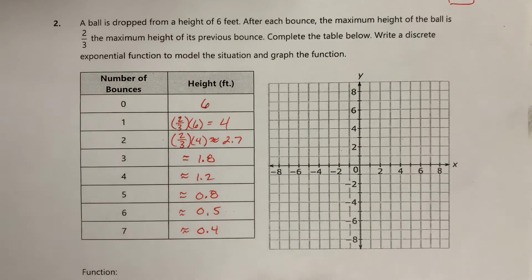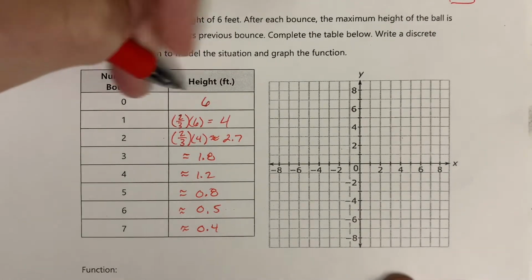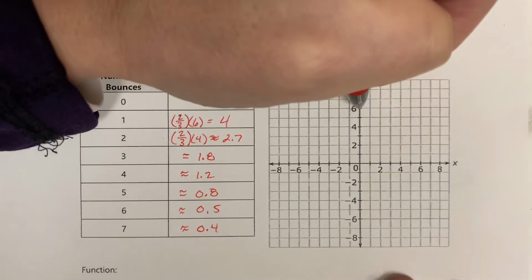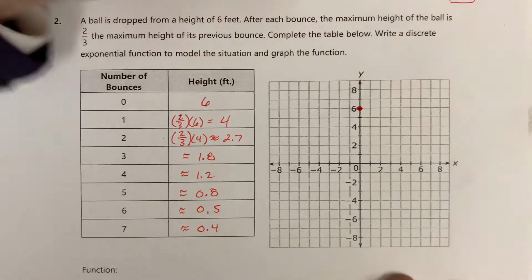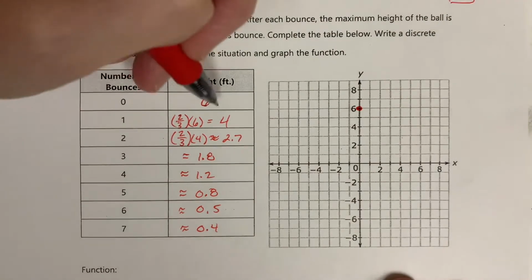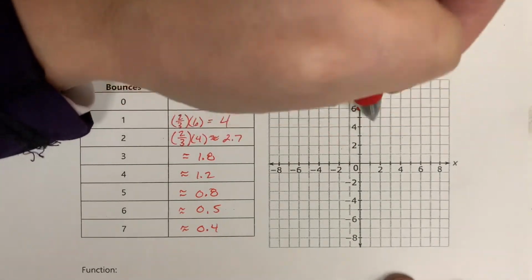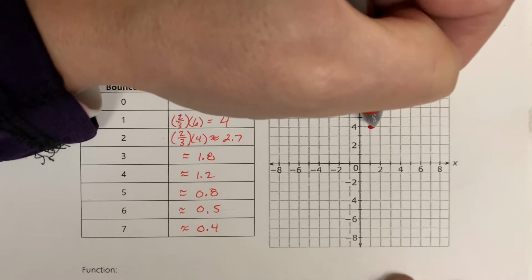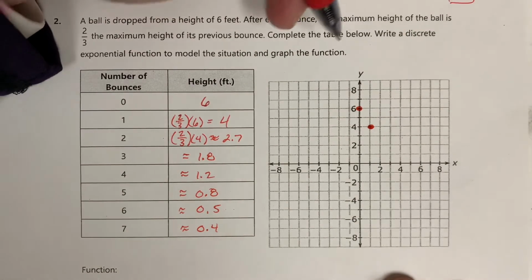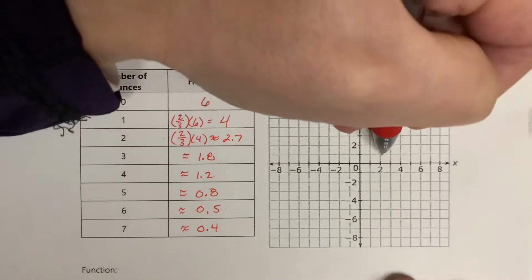All right, so now we're going to go ahead and graph that. So 0, 6. Okay, that one's done. 1, 4. So it looks like it's going down, definitely. 2, 2.7.